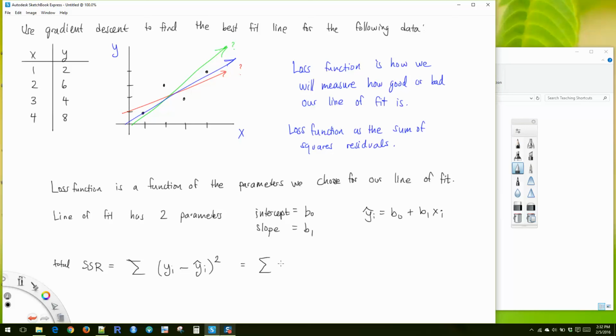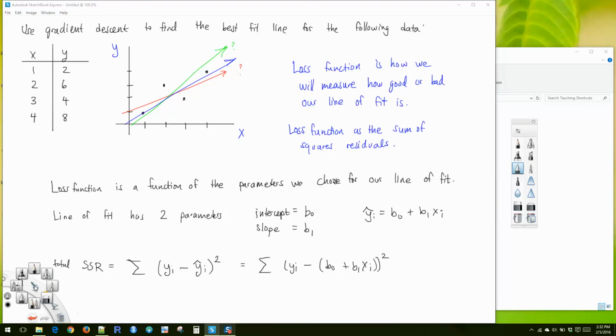So this is yi minus the quantity B0 plus B1 x sub i, squared. Okay, so far so good?